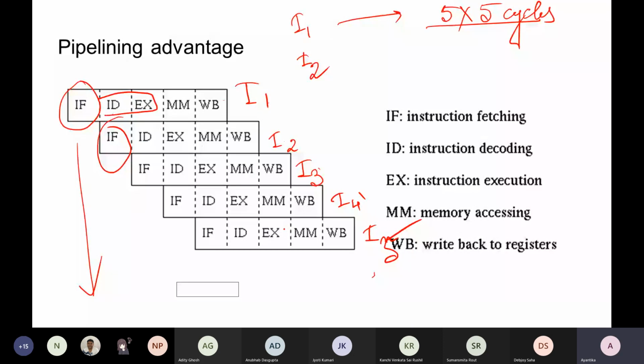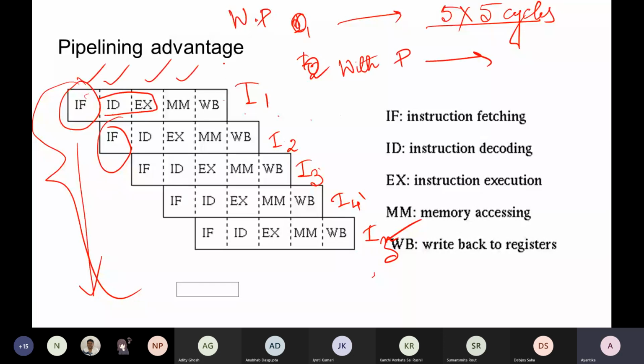We are completing 1, 2, 3, 4, 5, 6, 7, 8, 9, so we are finishing this in 9 cycles. Without parallelism versus with parallelism, we are saving this many cycles. I think the pipelining advantage is clear.